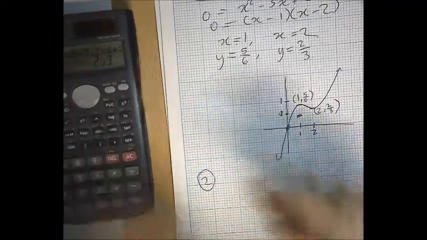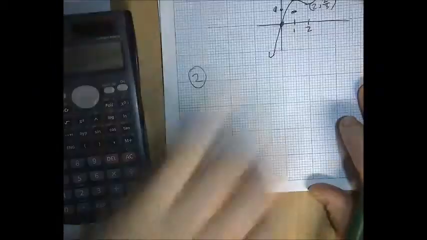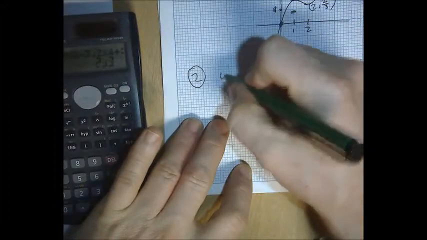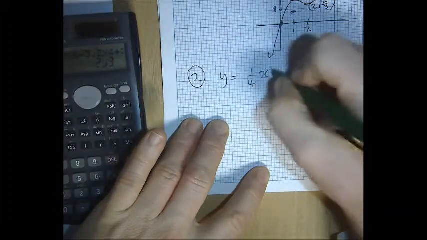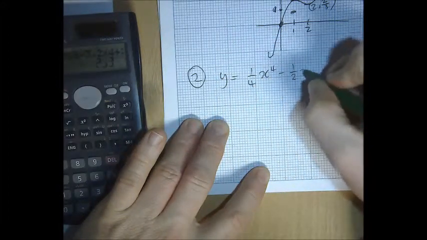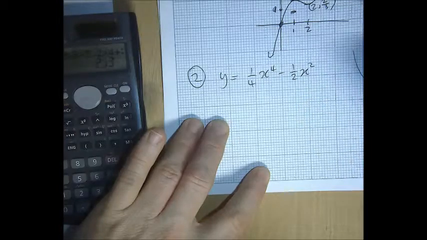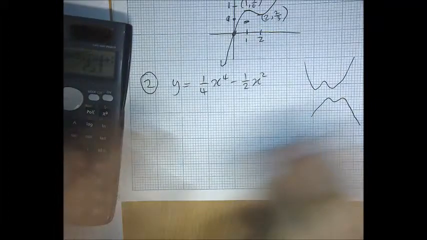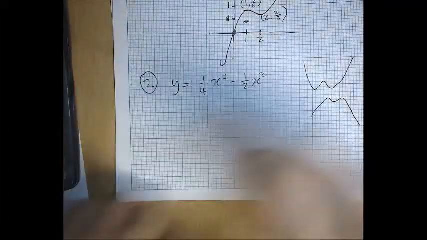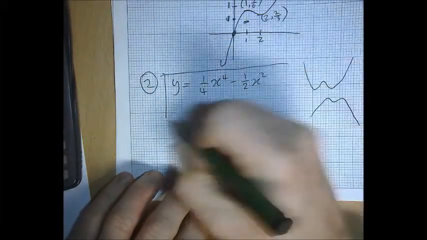And there it is. Question number 2. This is a quartic. So it's kind of like a kinked bucket. So that general shape. Here's the multiple choice box.